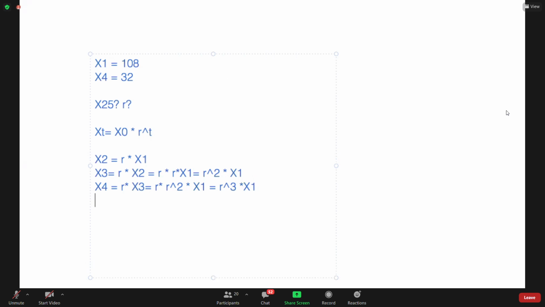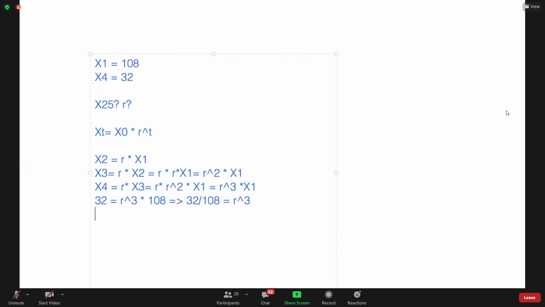Therefore, I can rewrite this equation as 32 is equal to r to the power of 3 multiplied by x1, which is 108. What do I do in this situation? I will write 32 divided by 108 will become r to the power of 3. Can we reduce this further?